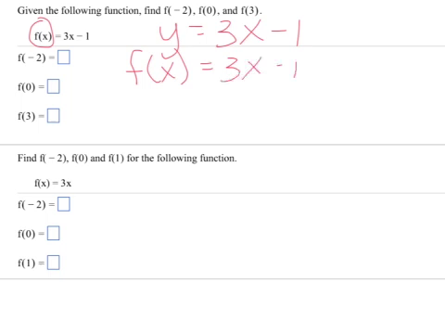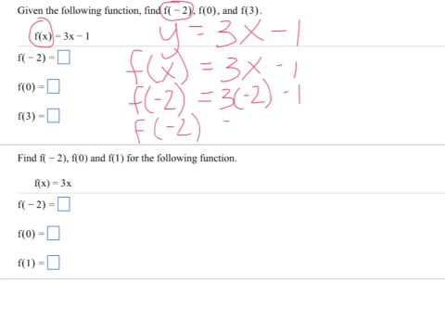And it tells us up here what to substitute in place of x. The first time we're going to substitute -2 in place of x. So we'll do 3 times -2 minus 1. 3 times -2 is -6, and -6 minus 1 is -7. So f of -2 is equal to negative 7.